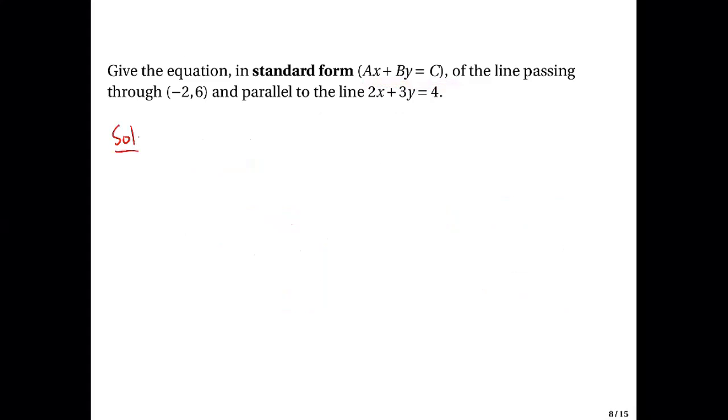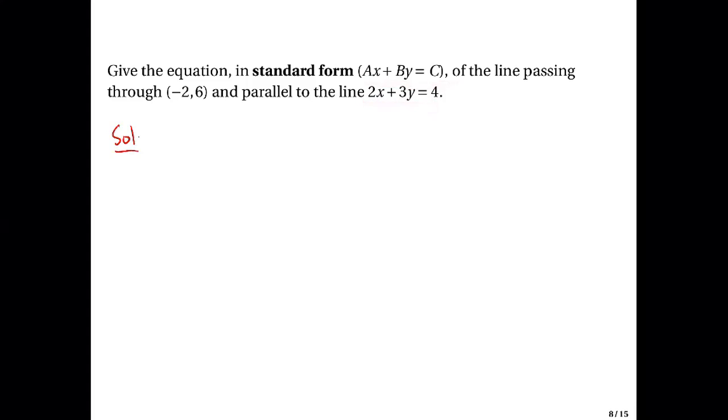So solution. Remember, if a line is parallel to another line, it means that they have the same slopes. So what you can do is to calculate the slope of the given line.